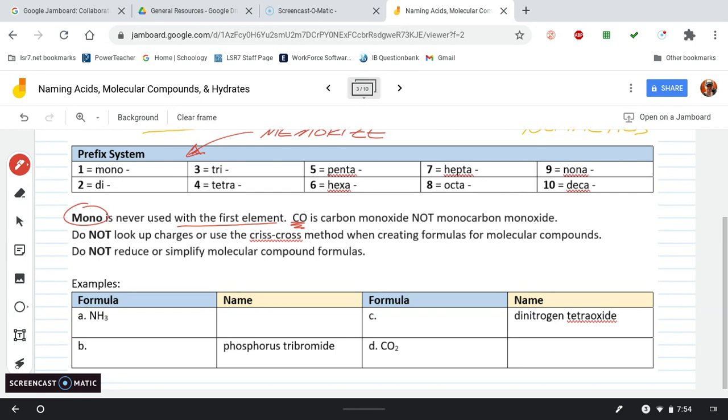So CO is carbon monoxide, which means you have 1 carbon, and mono means 1 oxygen. So you have 1 carbon and 1 oxygen. Now, it's not monocarbon monoxide, which is always tough for students because we don't use mono with the first element. Okay, so the first element doesn't get mono. It's just carbon monoxide. You've got a carbon monoxide detector in your house.